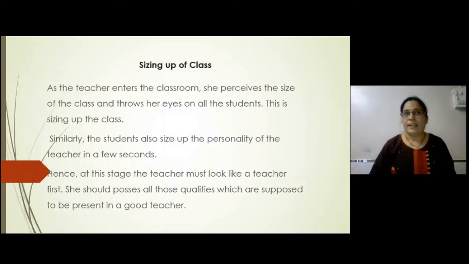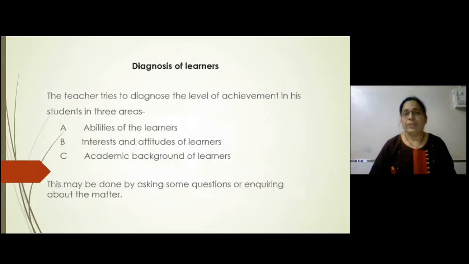This is sizing of the class. Similarly, the student also sizes up the personality of the teacher in a few seconds. Hence, at this stage, the teacher must look like a teacher first. She should possess all those qualities which are supposed to be present in a good teacher.